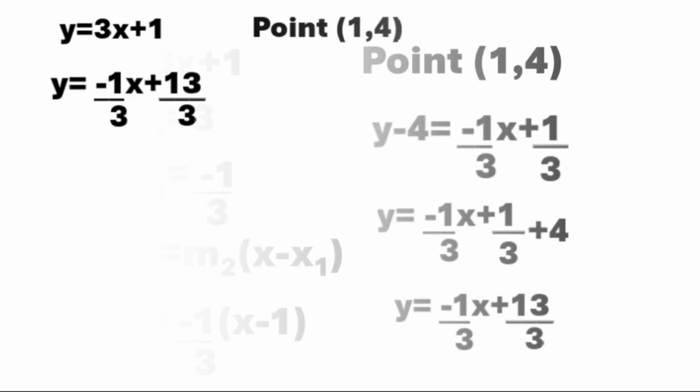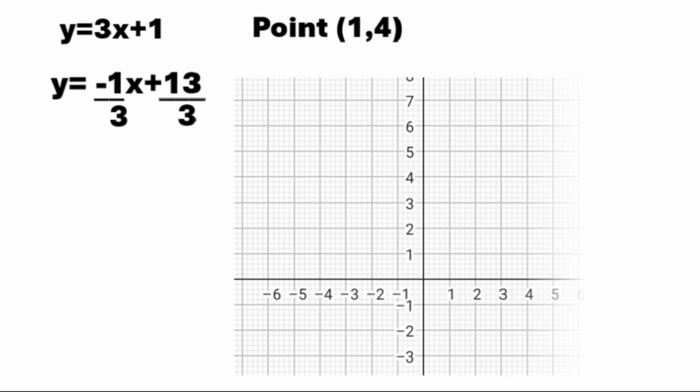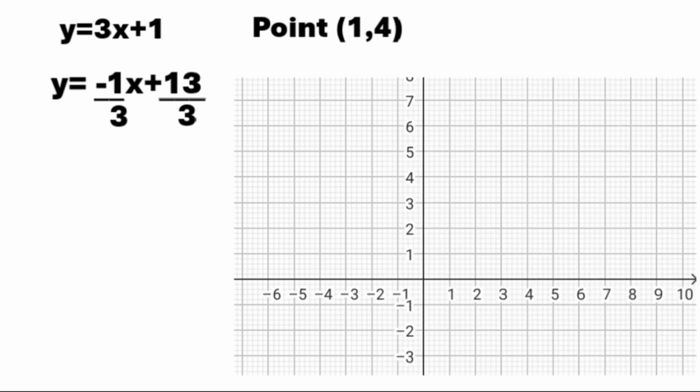To plot this on the Cartesian plane, first is the point (1, 4). So we have here 1 and 4. Then our slope for this one is 3. Since this is a whole number, our change in x is 1.